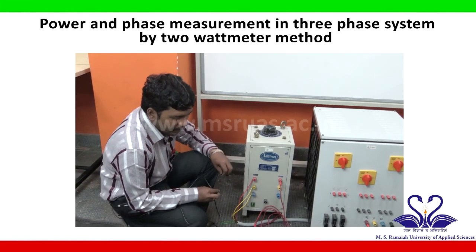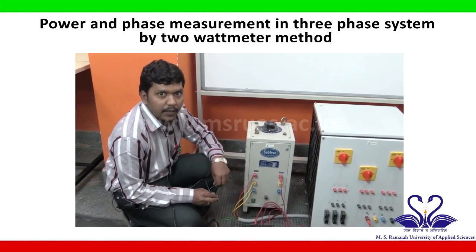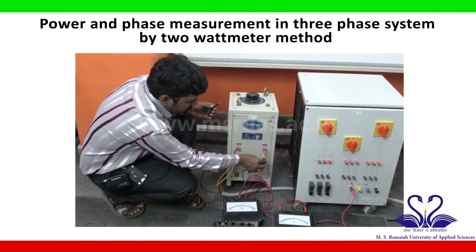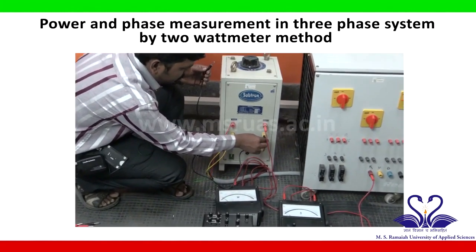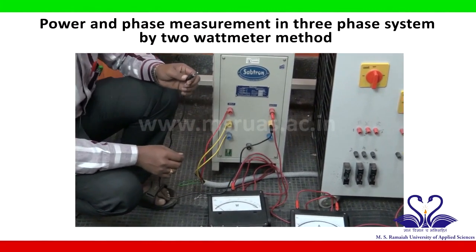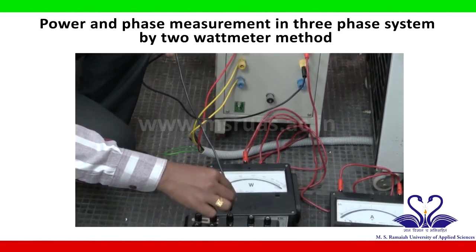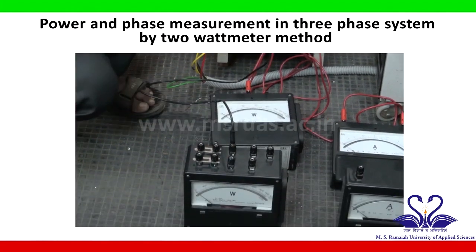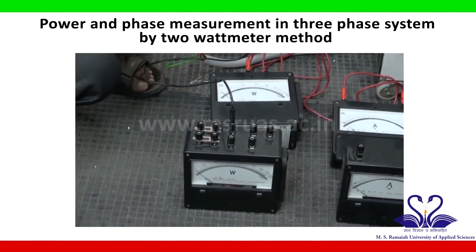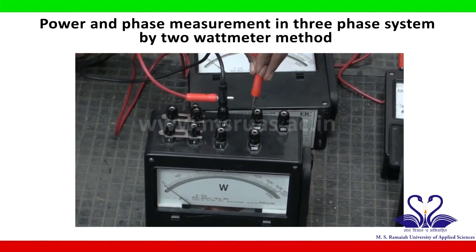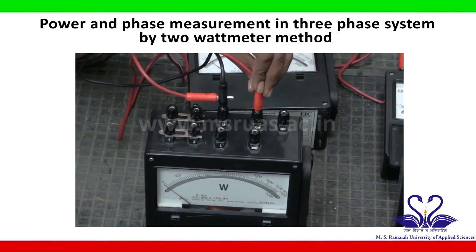Now similarly make the connections for the Y phase. The output of the auto transformer, now you have to connect the Y phase to wattmeter M. Now again short M and C, similar to the R phase connection.